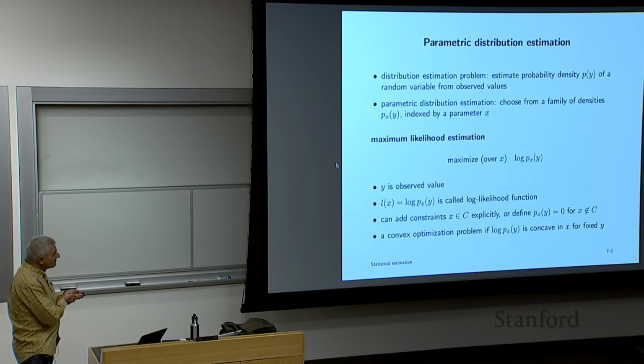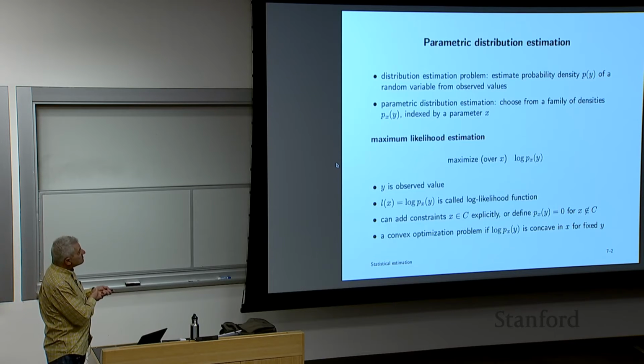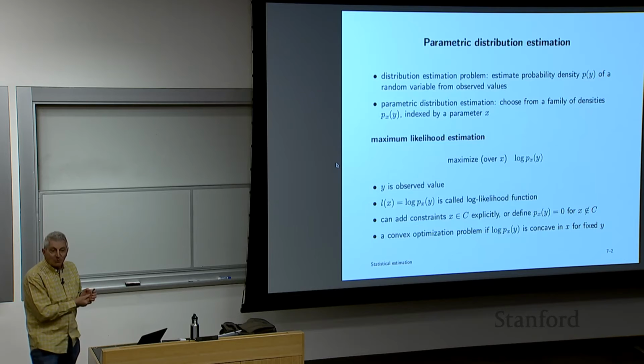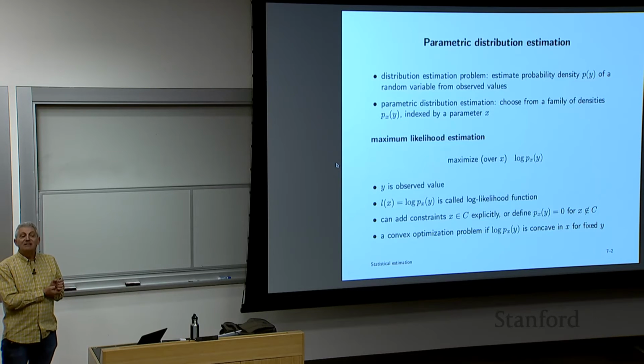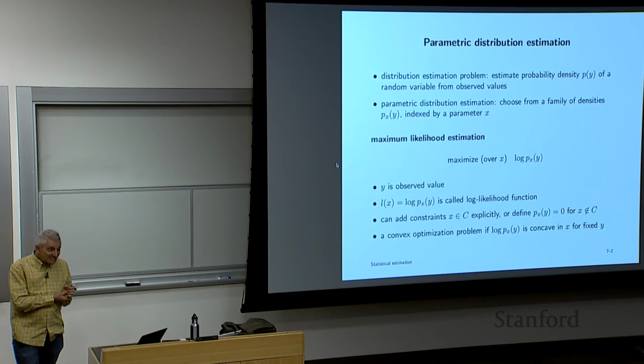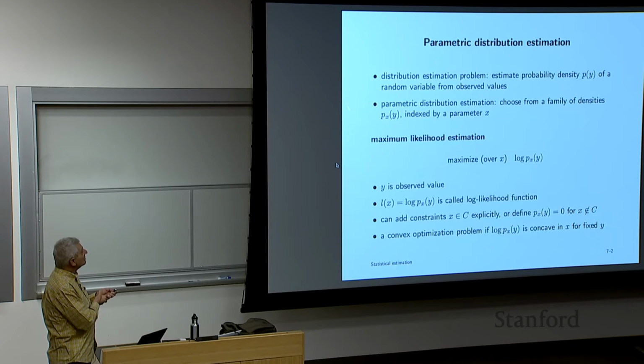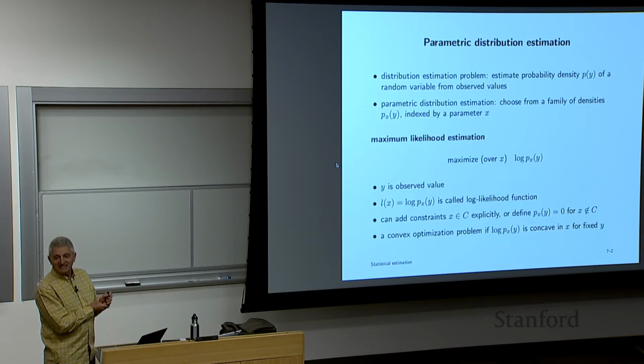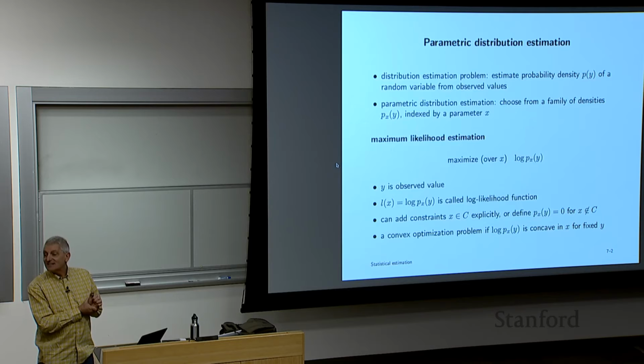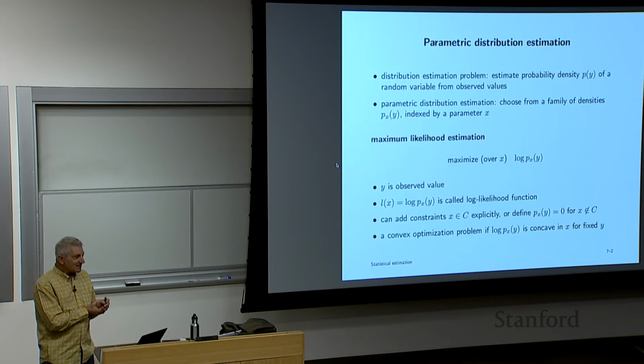So the question is, when is this convex? It's convex when the log likelihood function is concave, okay? Now you have to be super careful, because up till now we saw the idea of a log concave distribution or density. A density is log concave if, when you fix x, this thing is concave in y. That's a log concave density, right? This is not that. This is the opposite. This is how it varies as a function of x, the parameter in the distribution, when you fix y.